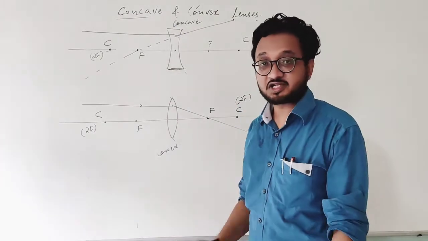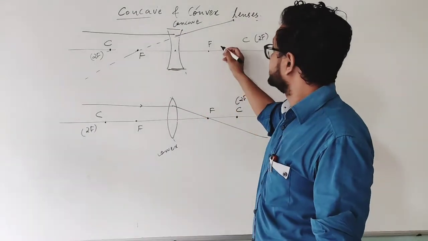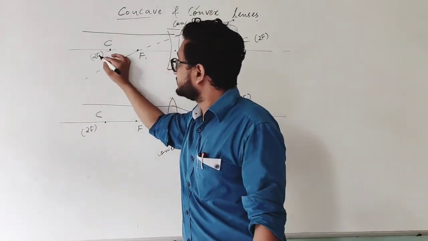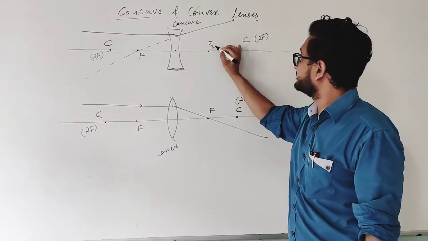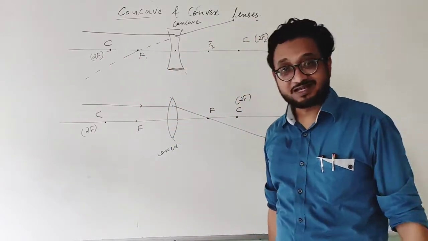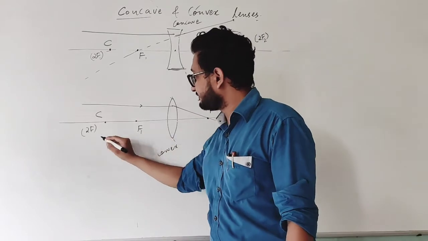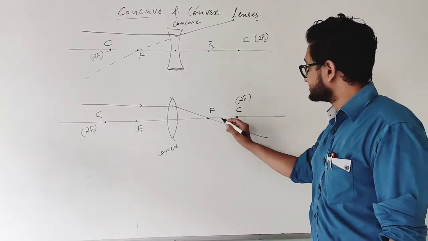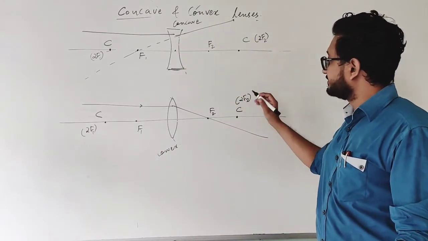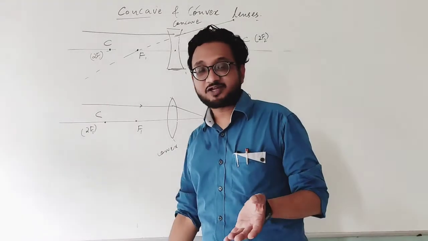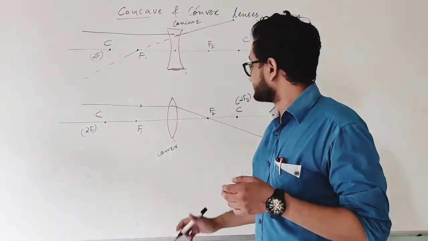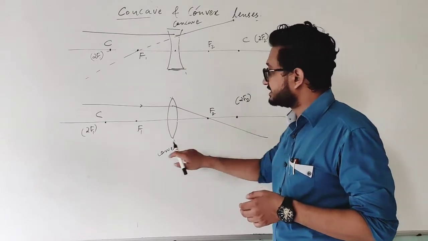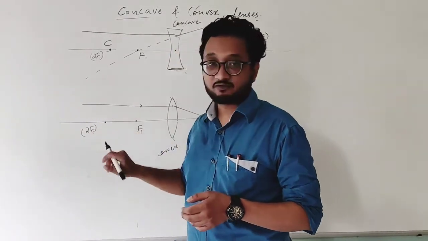But in order to distinguish this, you can write this as f1 and 2f1, this one as f2 and 2f2. Same thing goes for this one as well, f1 and 2f1. This is f2 and 2f2. So from now onwards, when we are talking about lenses, for the center of curvature we use f2 and 2f2.